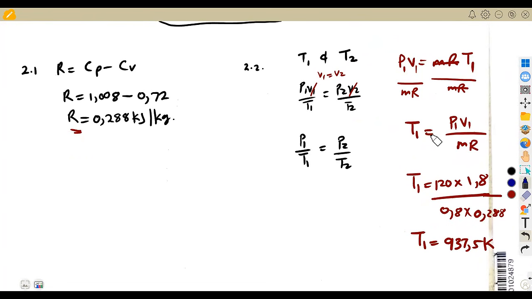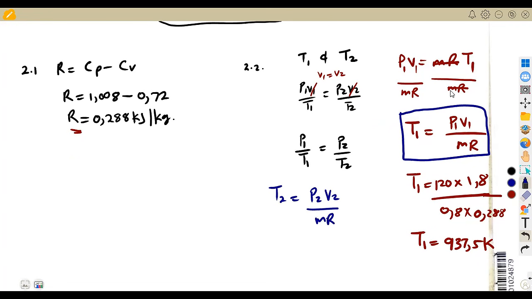Yes, you can do that. Already we saw that T1 is equal to P1 V1 over MR, so T2 is going to be equal to P2 V2 over MR.